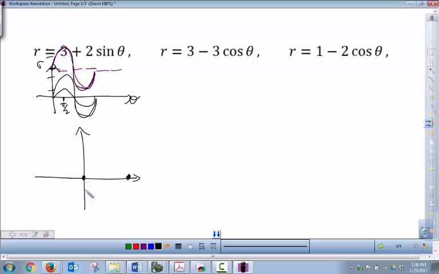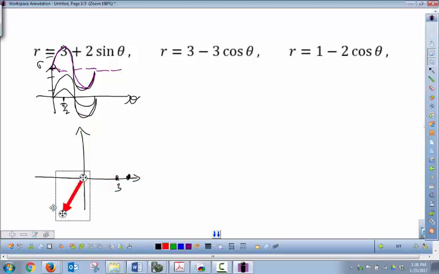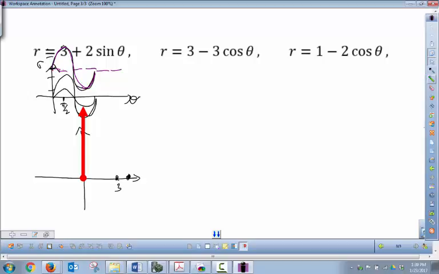So if I move my drawing stick and draw it where it's pointing at pi over 2, I'll have an r value of 5, right?